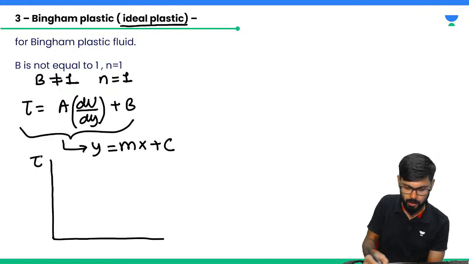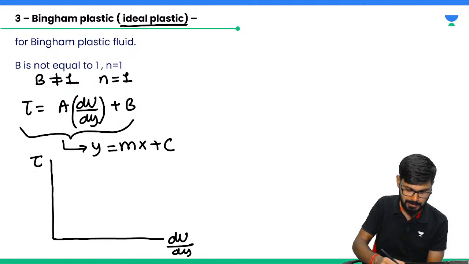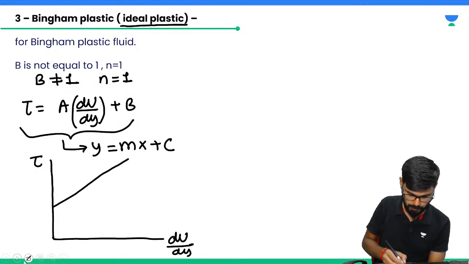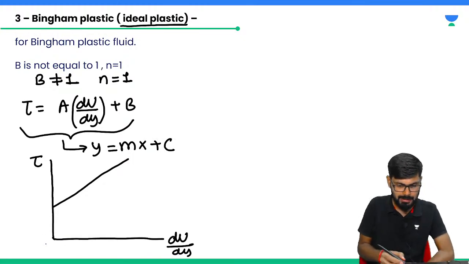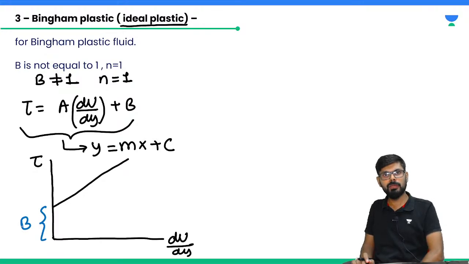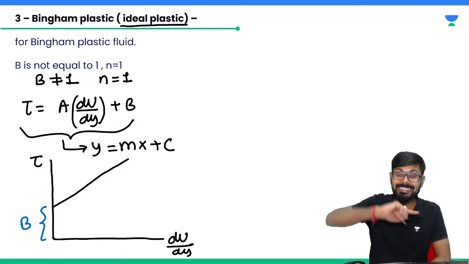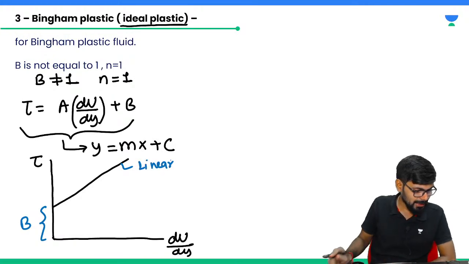This will be tau, this will be du by dy, and it will pass somewhere from here. Now you can see that this is basically the B value. It is a linear, straight line.